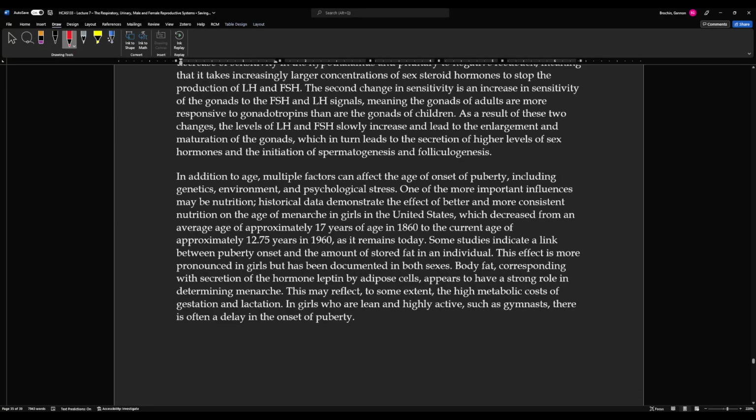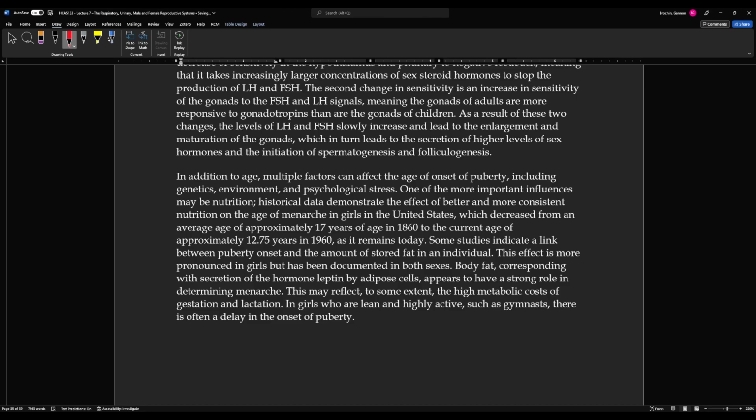Puberty typically has been decreasing in age of onset. It seems to be around 13 or so now, but there are a lot of factors that we don't quite understand about this anymore.